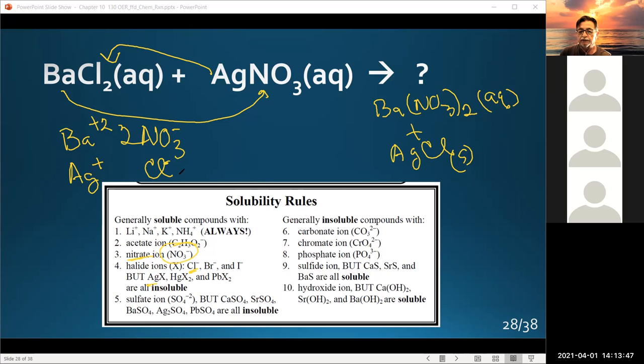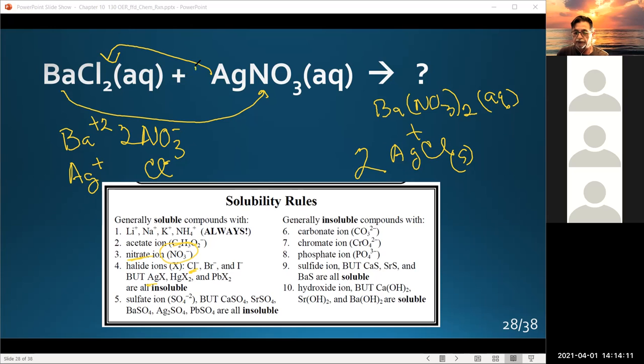Now we got to balance it. Okay, we got 2 chlorides here. 1 barium, 1 silver. Those are balanced. I got 2 chlorides here. Well, what if I put a 2 in front of silver chloride? That balances out my chlorides, which picks up my silver.